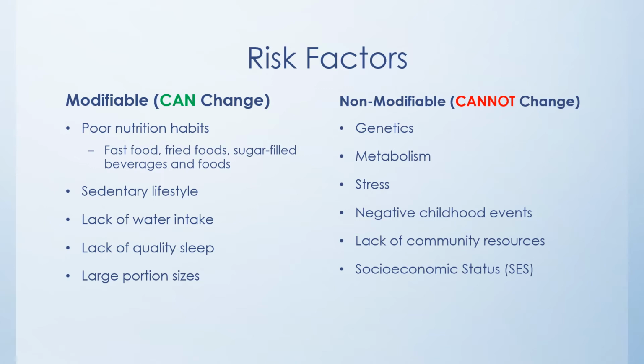Increase your water intake, because a lack of water is not really a good thing. Sleep quality is important. A lack of sleep contributes to obesity, and larger portion sizes contribute to obesity as well. You go to a restaurant and oftentimes you can have 2 or 3 meals out of what they give you. Non-modifiable risk factors are things like genetics and metabolism.